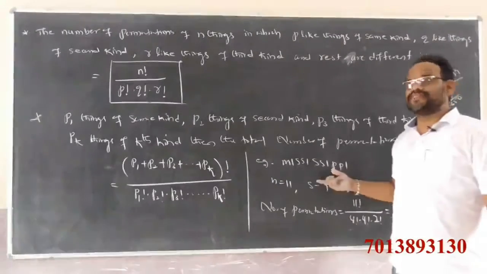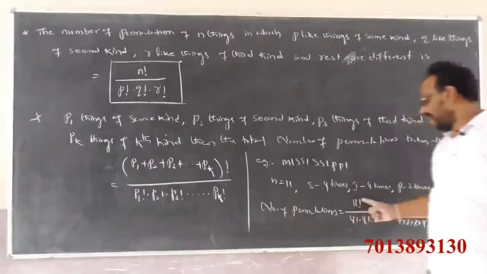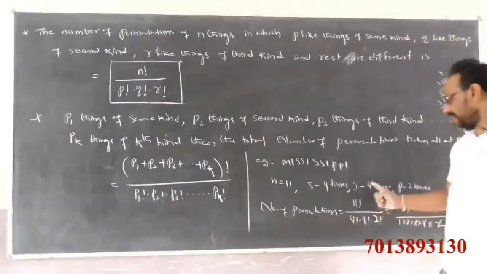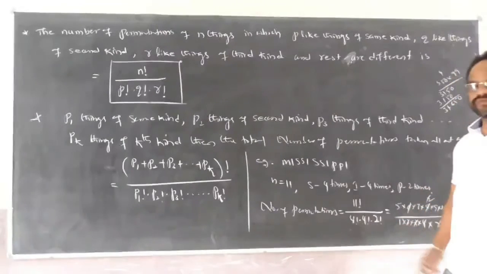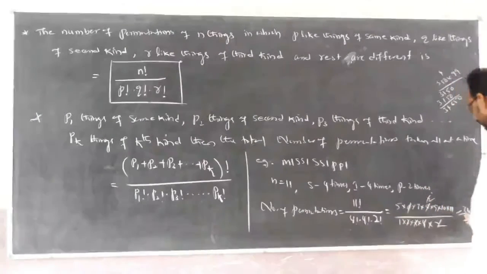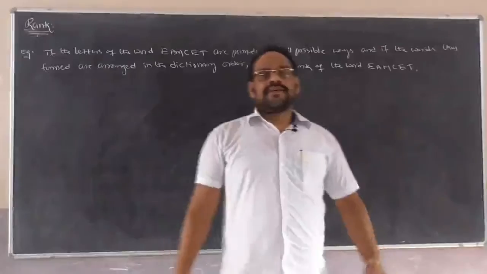So the total letters are 11. So 11 factorial divided by 4 factorial into 4 factorial into 2 factorial. We get 34,650 as the number of permutations.